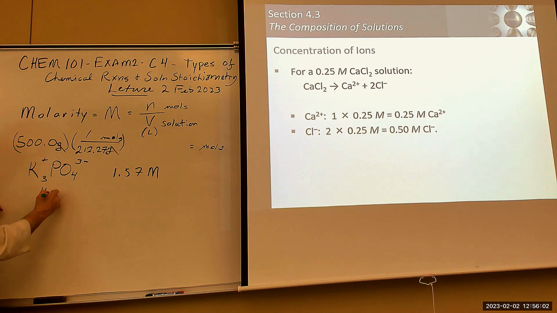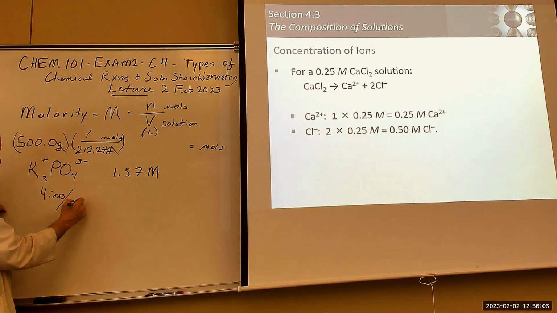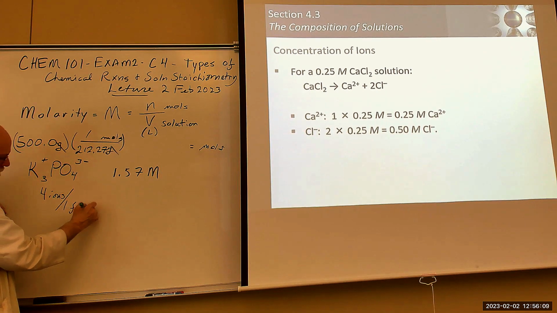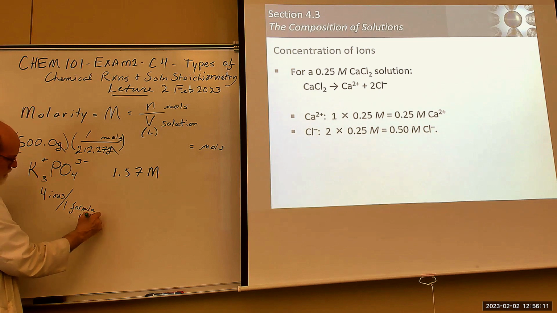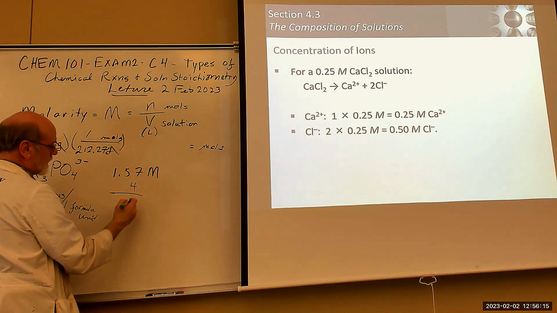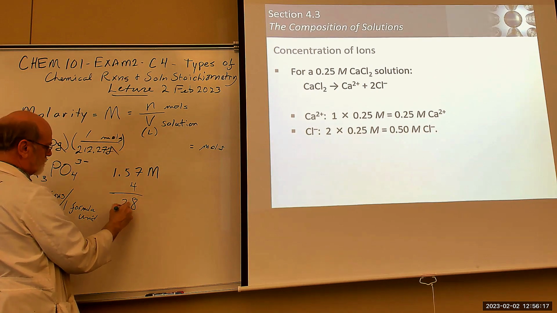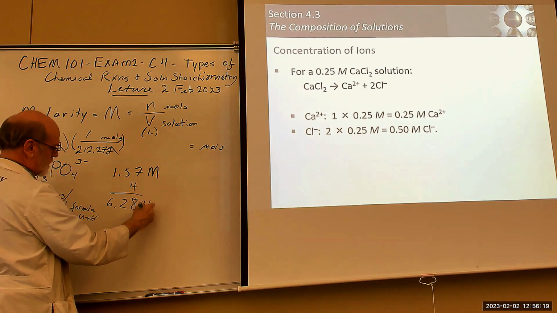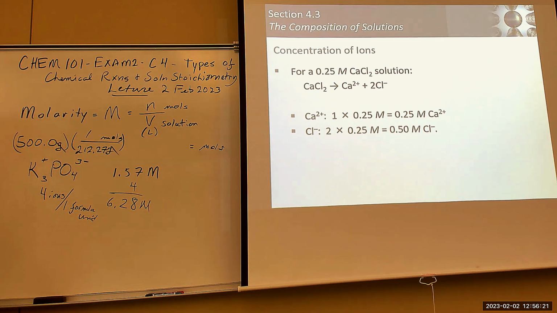So we have 4 ions for every 1 formula unit. That means the ionic concentration is 4 times that. 6.28 molar ionic concentration.